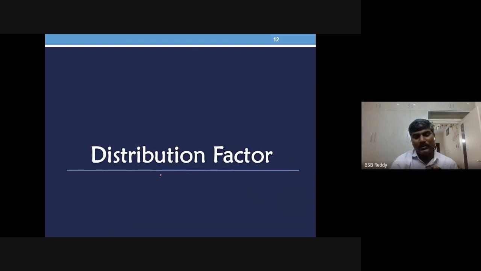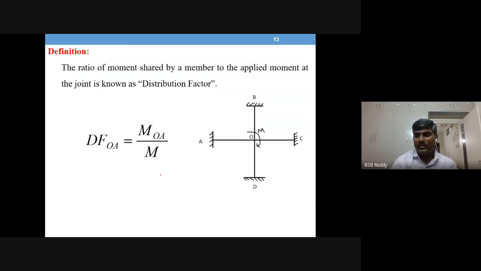quantity that is required for the moment distribution method. So distribution factor. So what is distribution factor? Imagine that there are four members meeting at a point O, and you have applied some moment at the joint. On the joint, you are applying moment M to rotate that joint.